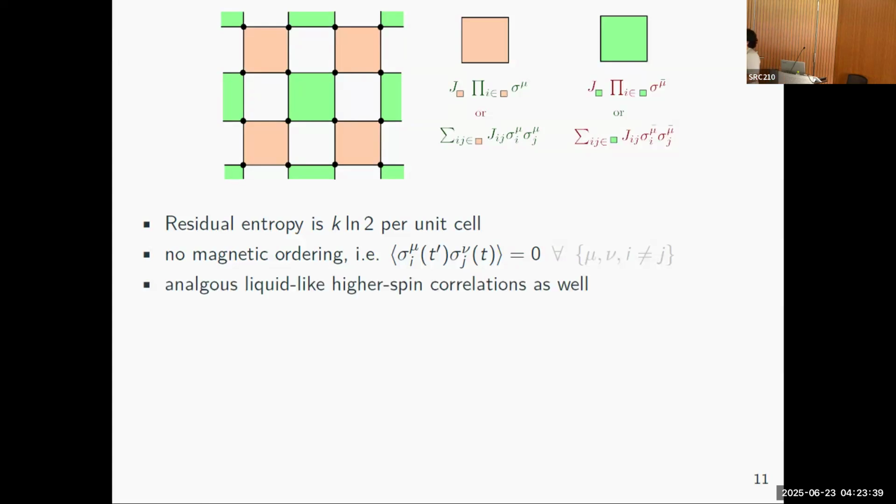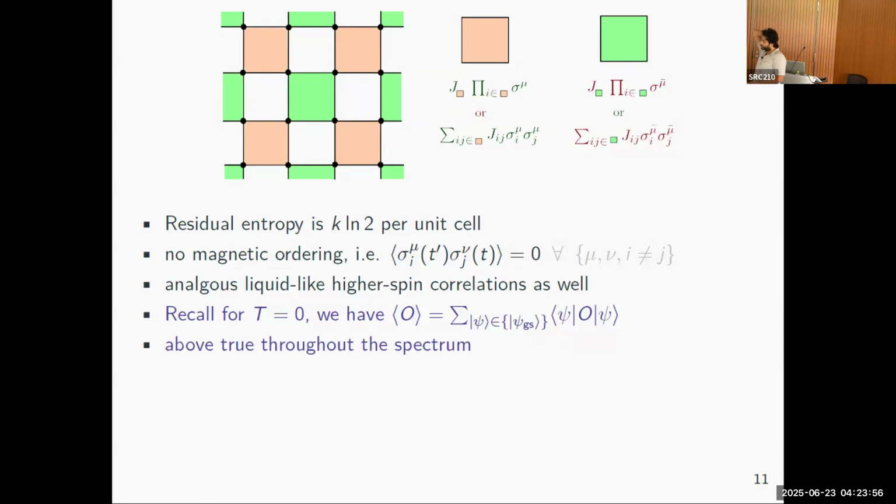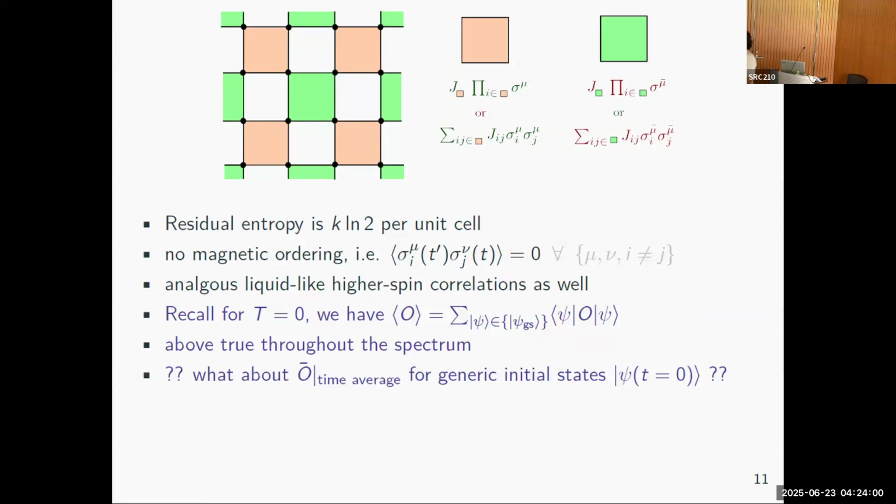You can also show some cancellation type arguments for higher spin correlations. But we should keep in mind that even at t equals 0, we have to sum over the ground state manifold. So this is standard equilibrium statistical physics. And this is true throughout the spectrum. Once you see this, and some spin liquidity, there's an infinite manifold, you might start thinking about thermalization and ETH type of things.